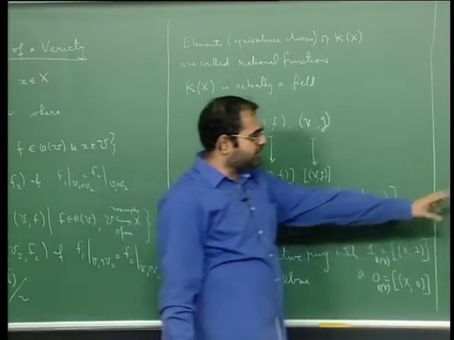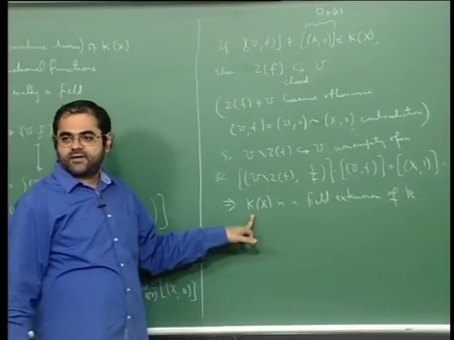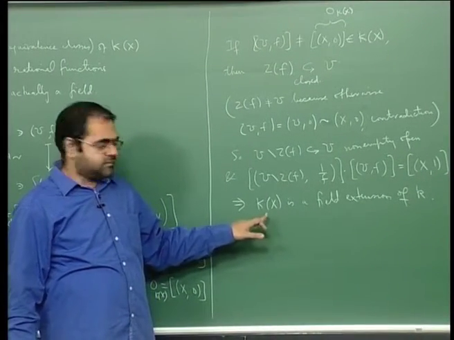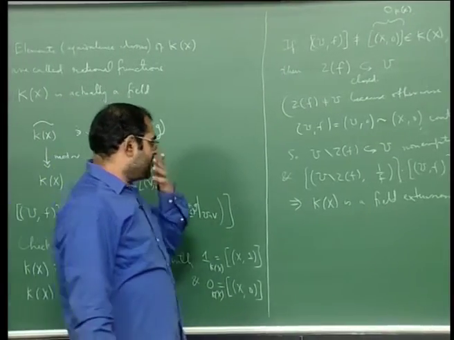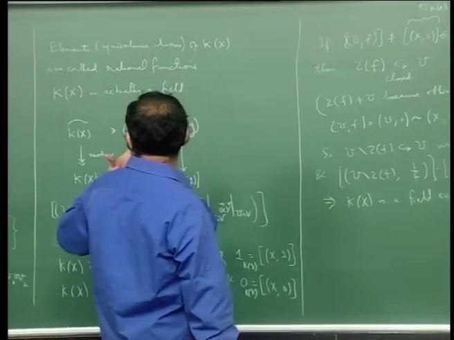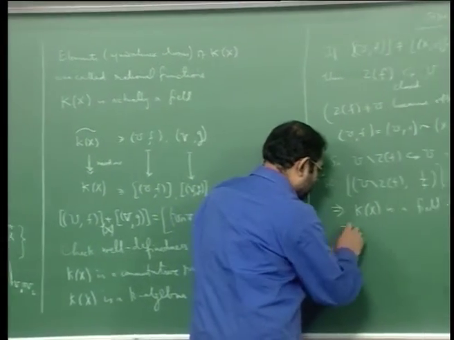The smaller ring is K, it is a field, the larger one that we have constructed is also a field. This is a field extension. This is called the function field of X.